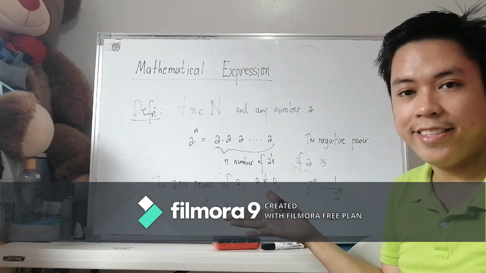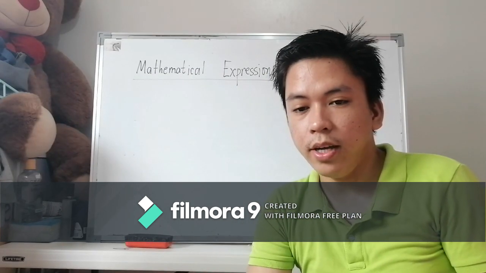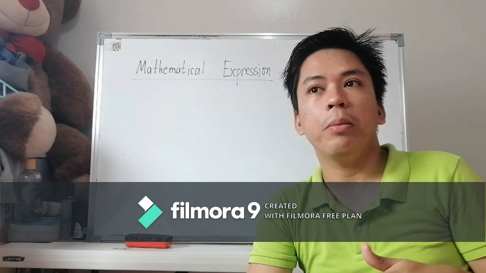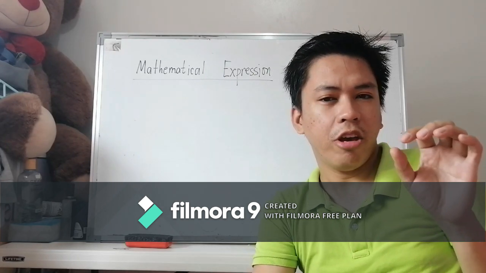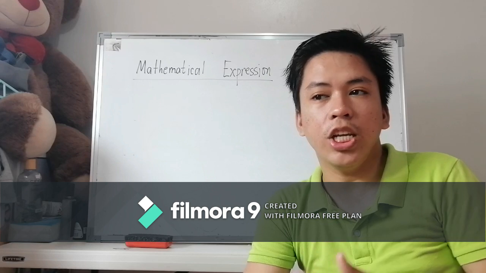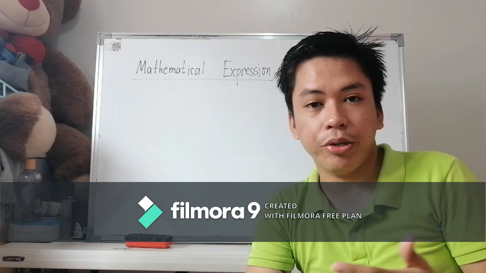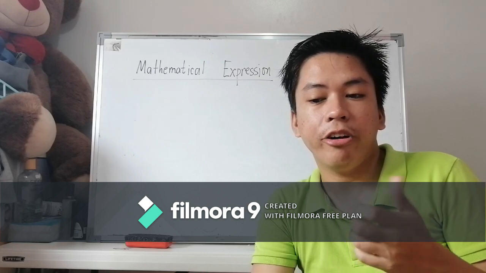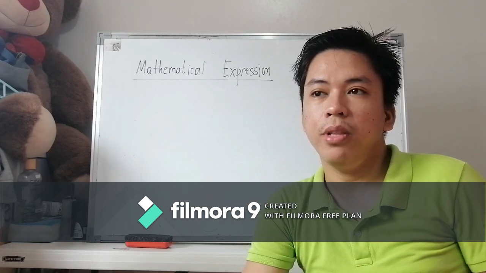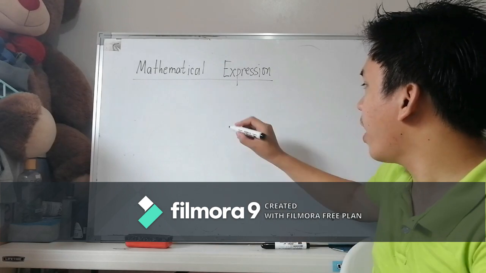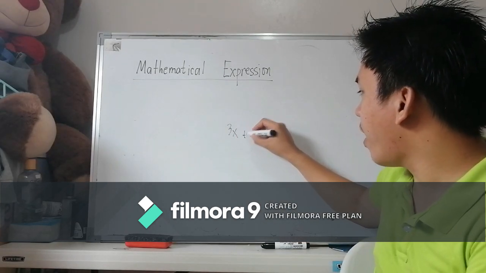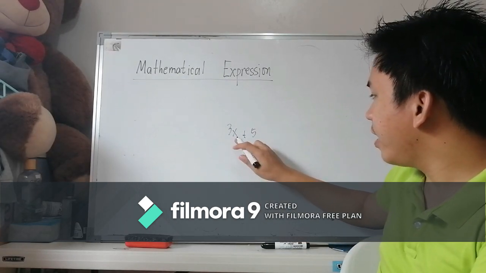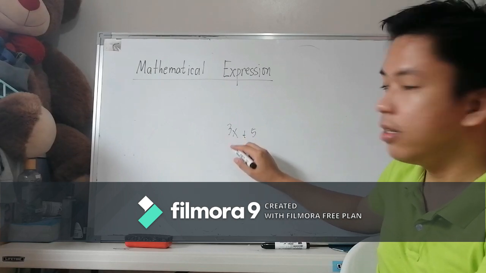That's it. Again, we have to remember certain specific details in studying mathematical expressions in order to master the concept and avoid mistakes. Let's say, for example, you have 3x plus 5. Again, these are all base.